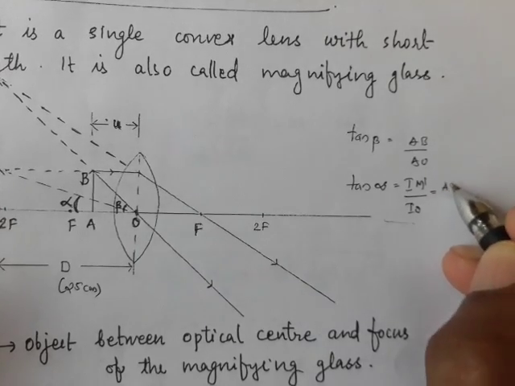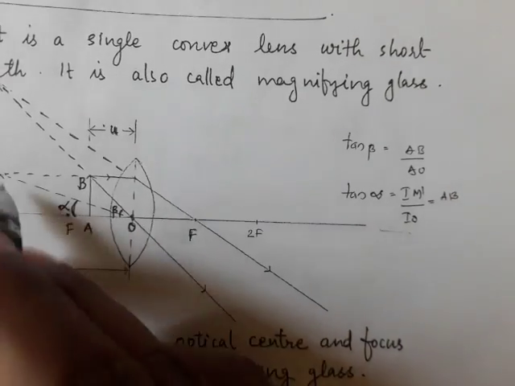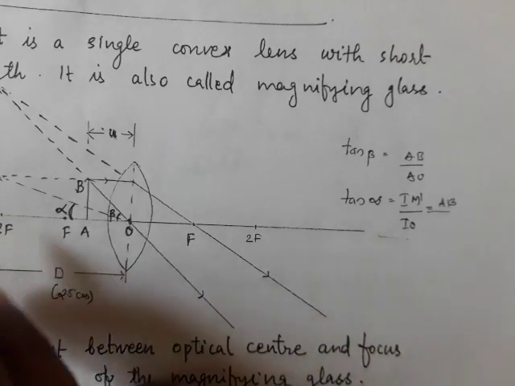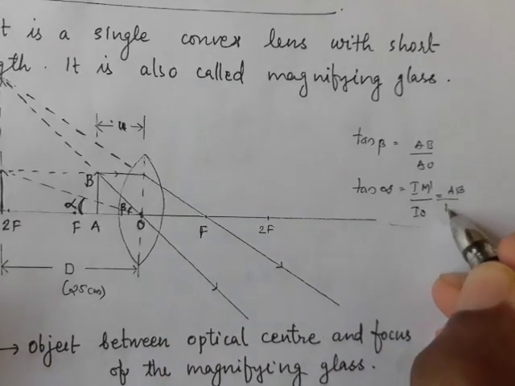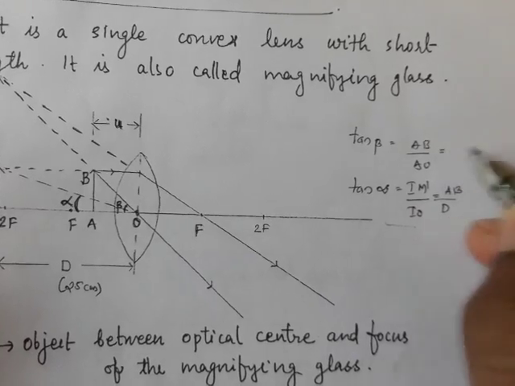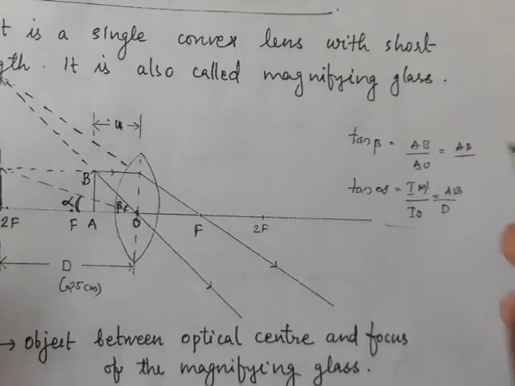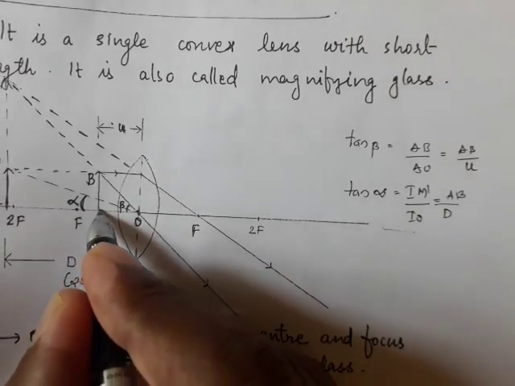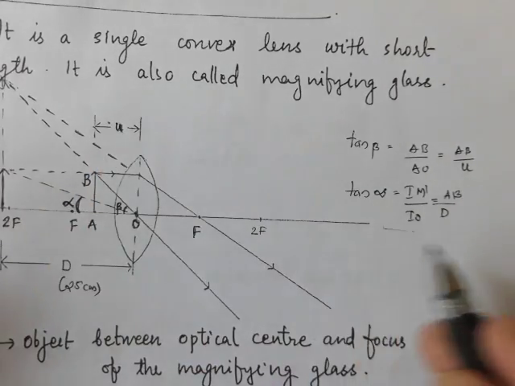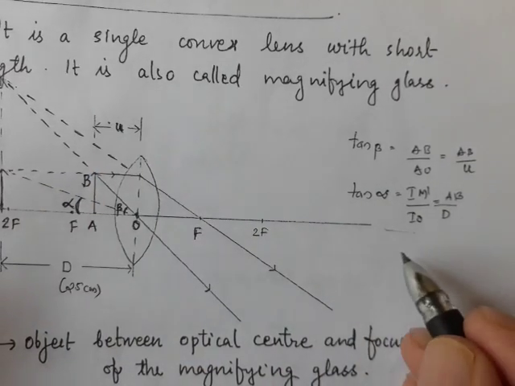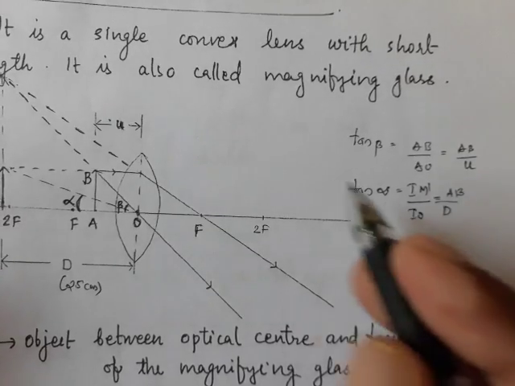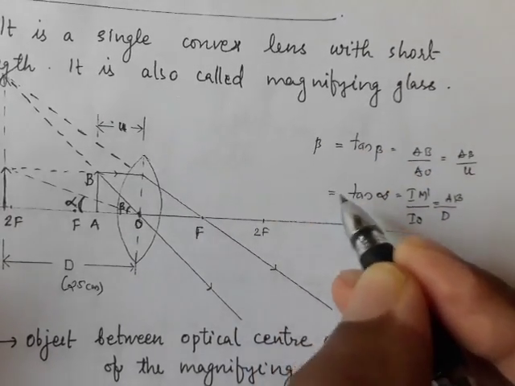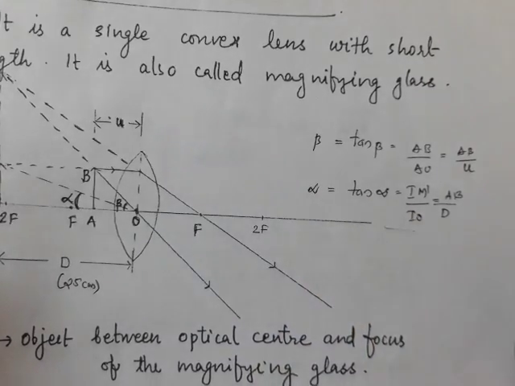IM dash is nothing but AB itself, because their lengths are equal. AB is itself divided by IO. IO is D, and AB is divided by AO. AO is the object distance U. We said that for small angles tan beta is approximately beta, and tan alpha is approximately alpha.